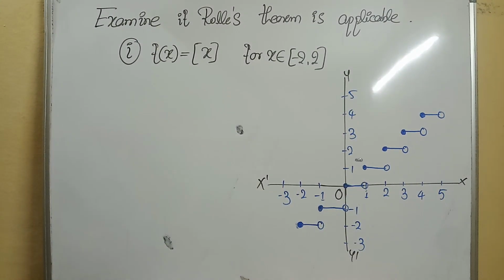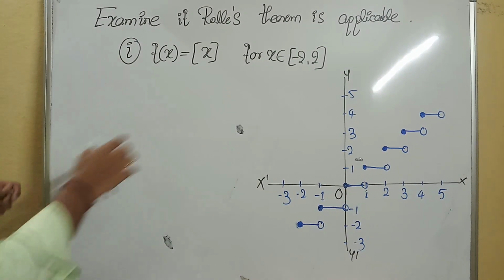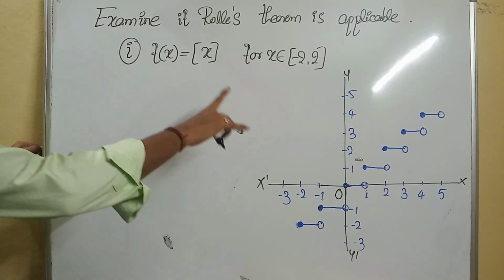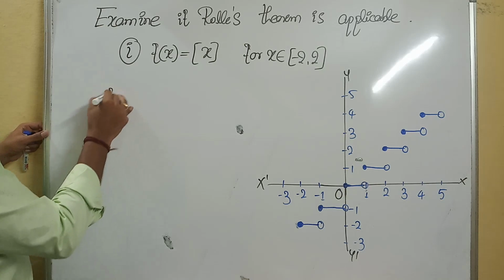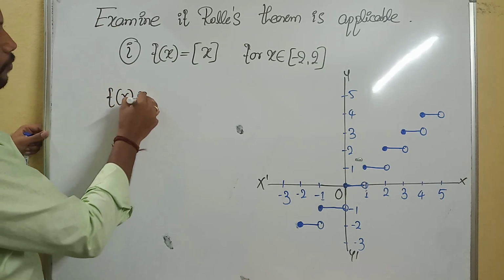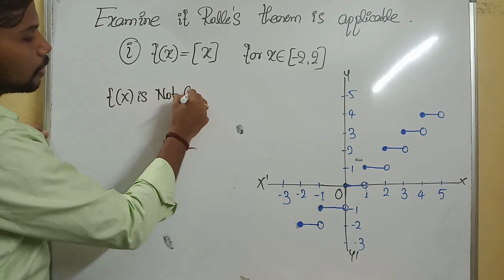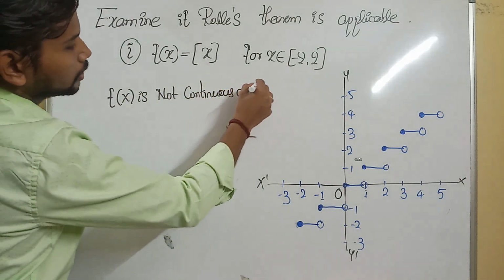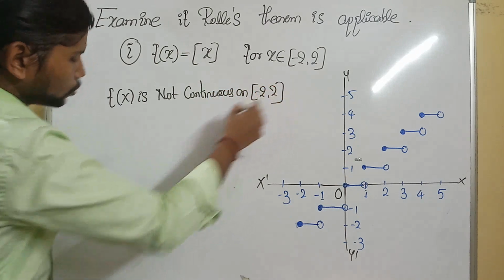Concentrate on the board. In the similar manner, they gave one more example. F of x equal to greatest integer function x for x belongs to minus 2 to 2. Means we can write easily f of x is not continuous on closed interval minus 2 to 2.